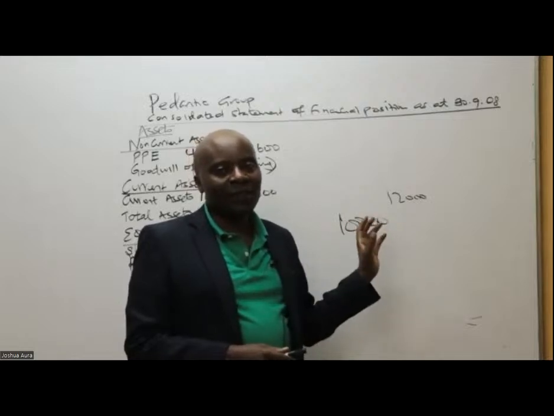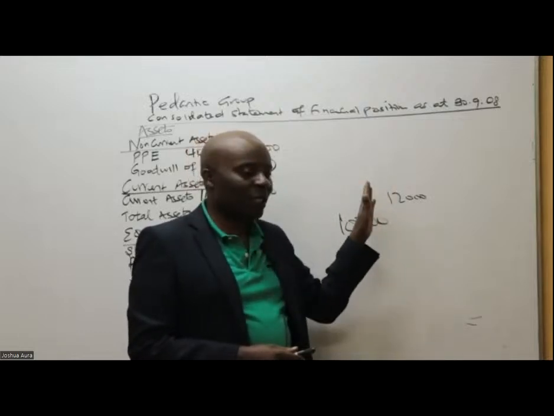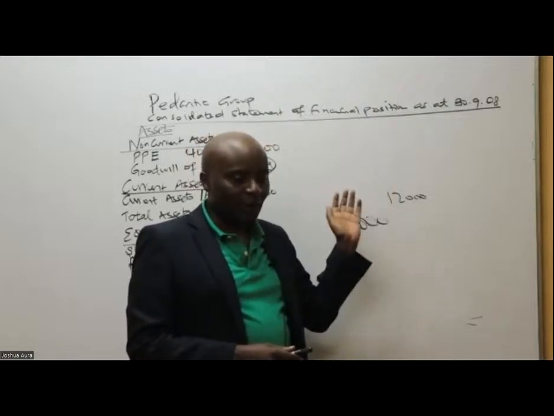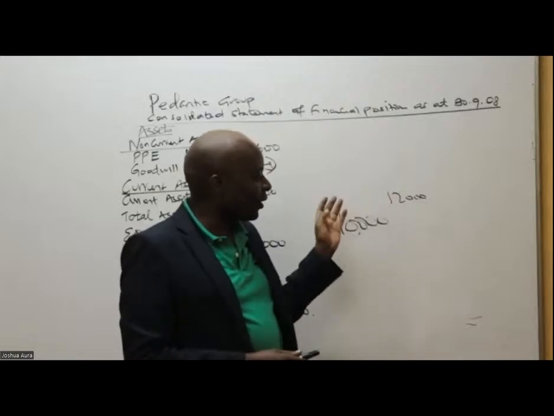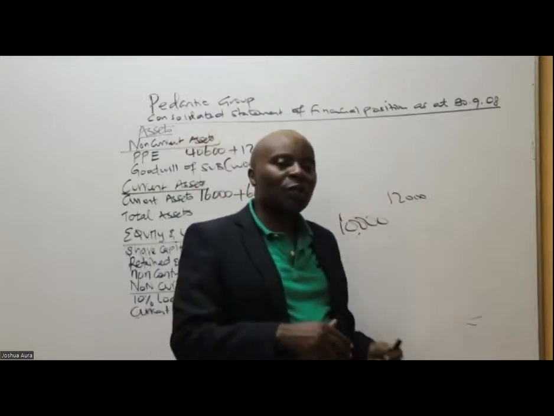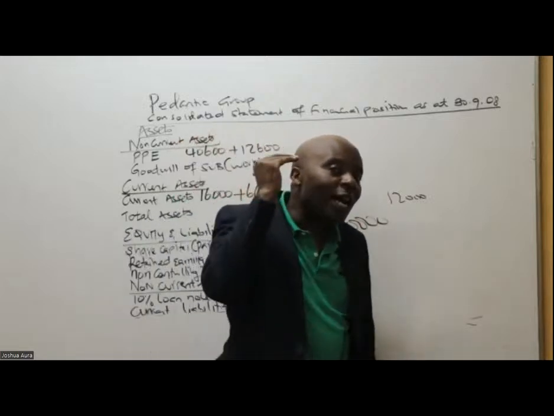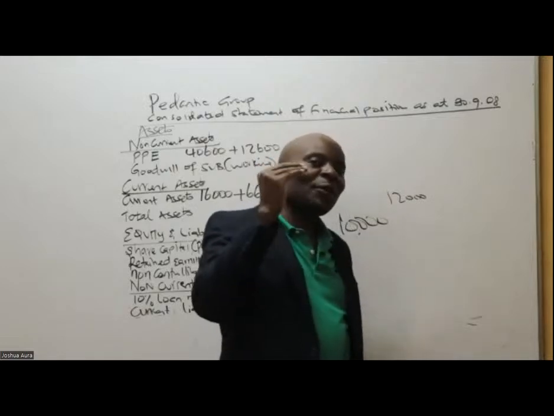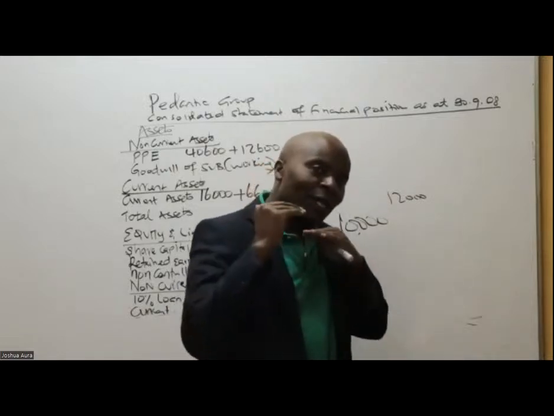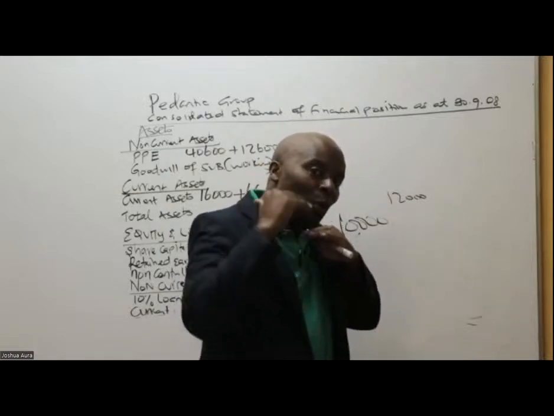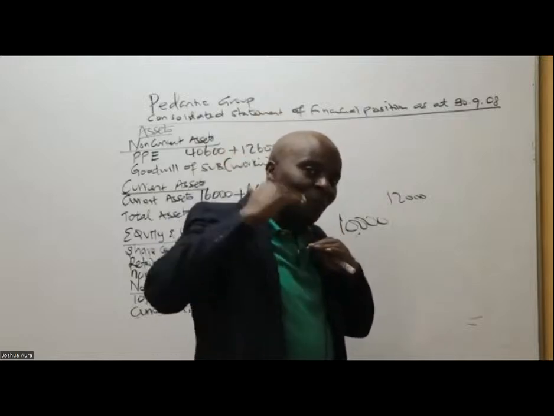So in this case, I can see a revaluation upward. Like here, we can see that the fair value is higher. When the fair value is higher than the book value, it means that we need to boost our PPE.